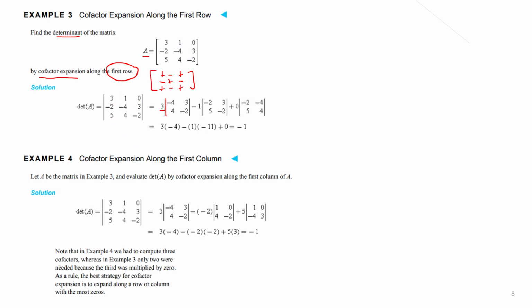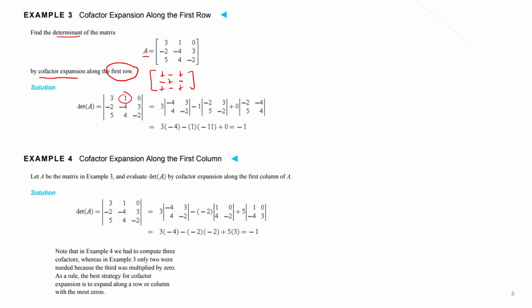And then for the second row, now we move on to this one. You will delete this and then this. So you have minus 2, sorry, second row, so you cofactor along the row, so you go to the second column, so it will be this one.